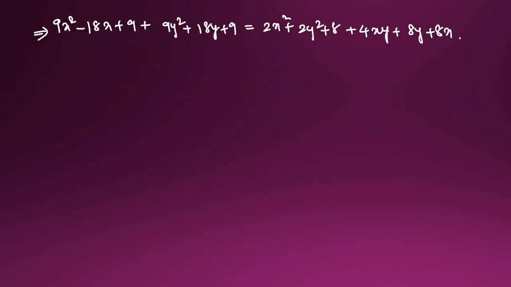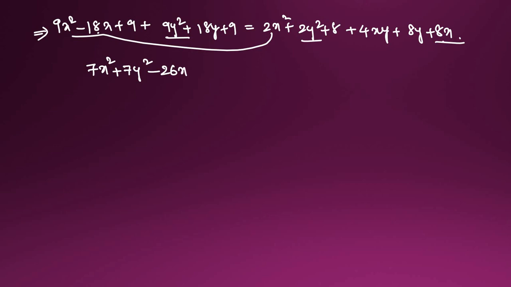It will become 9x square minus 2x square is equal to 7x square here. 9y square minus 2y square is equal to plus 7y square here. Then 8x will come to the left side of the equation, so it becomes minus 18x minus 8x, minus 26x. And again y: 8y there, plus 18y, so minus 18y minus 8y is equal to plus 10y.